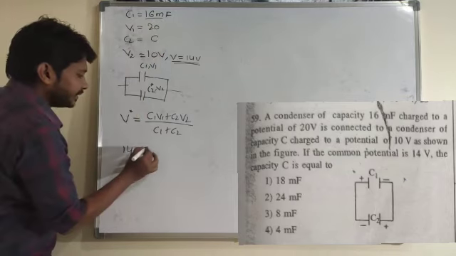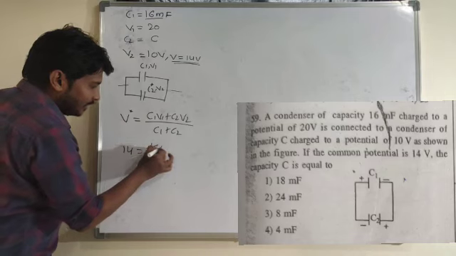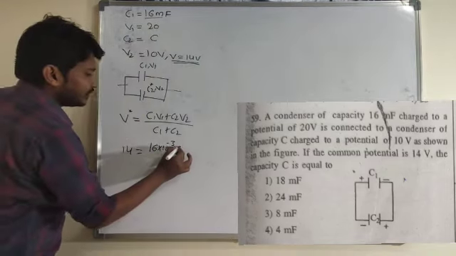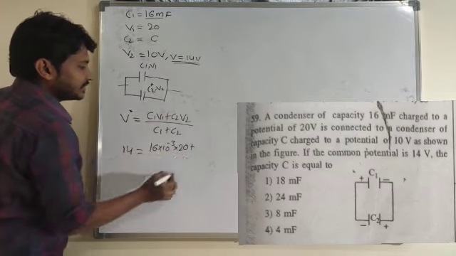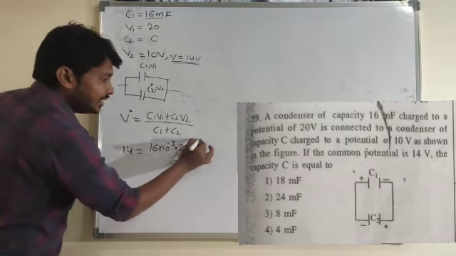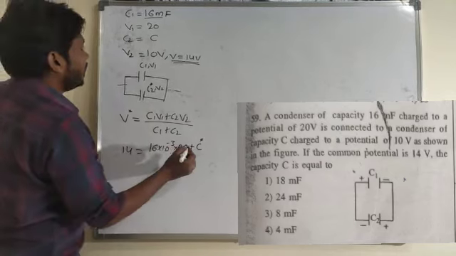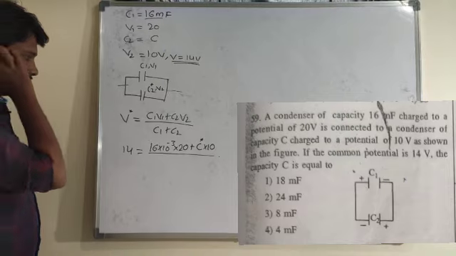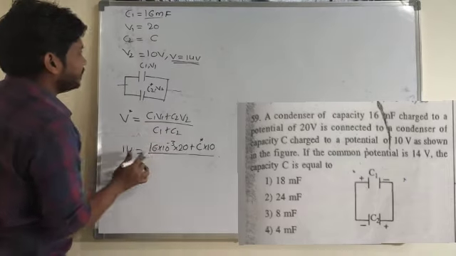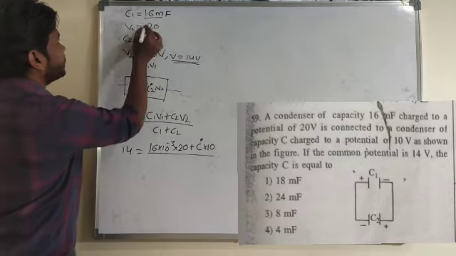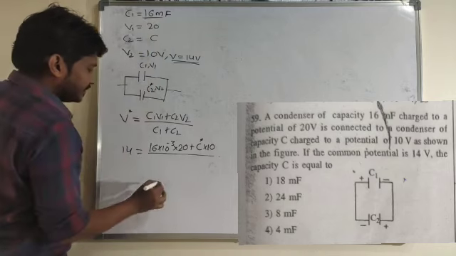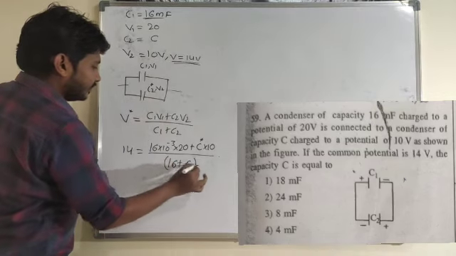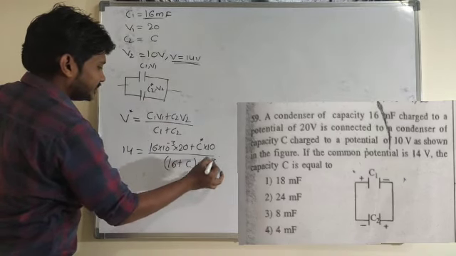C1 is 16 millifarad, into V1 which is 20, plus C2, which is C, into V2 which is 10, divided by C1 plus C2. C1 is 16, C2 is C, so 16 plus C.